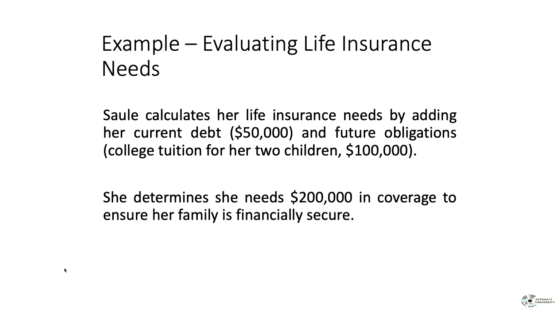Saule calculates her life insurance needs by adding her current debt, $50,000, and future obligations, college tuition for her 2 children of $100,000. And she determines she needs $200,000 in coverage to ensure her family is financially secure.